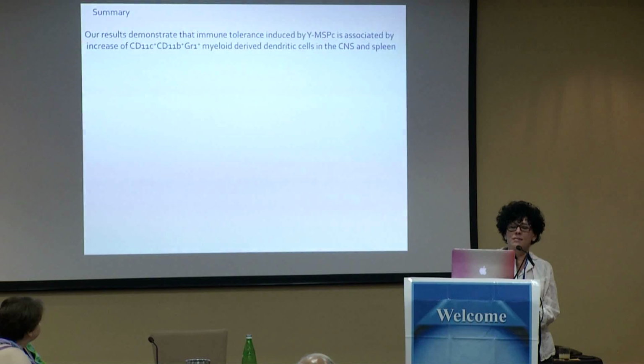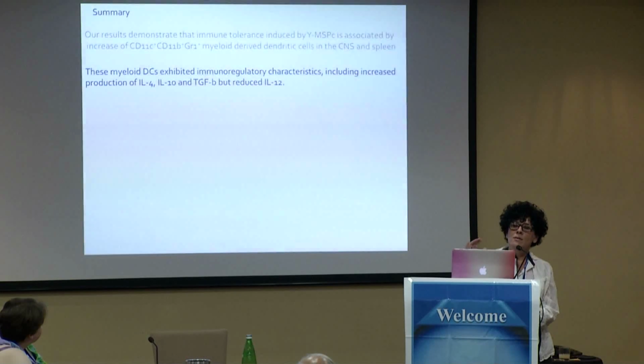So to summarize, our results demonstrate that immune tolerance induced by YMSPC is associated with an increase of CD11c, CD11b, GR1 myeloid-derived dendritic cells in the CNS and spleen. These myeloid dendritic cells exhibited immunoregulatory characteristics, including increased production of IL-4, IL-10, and TGF-beta, but reduced IL-12.